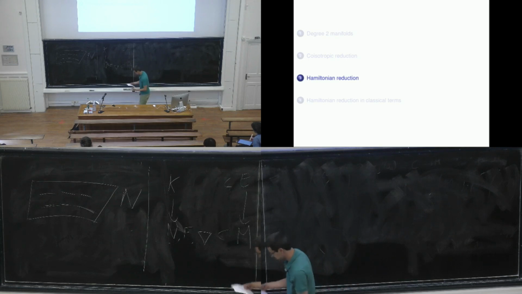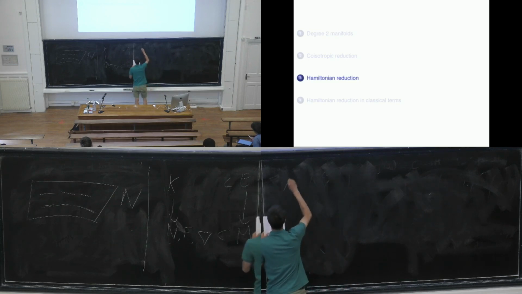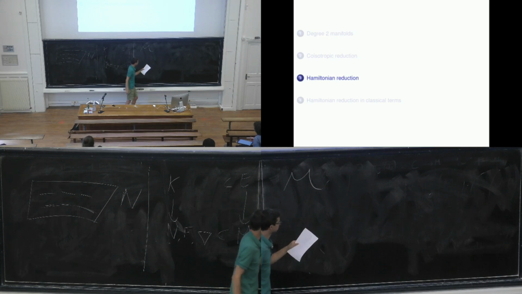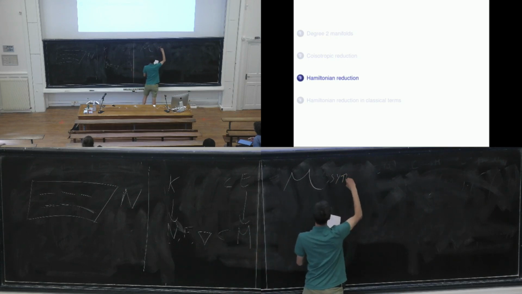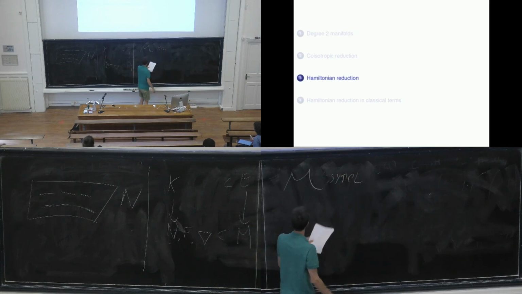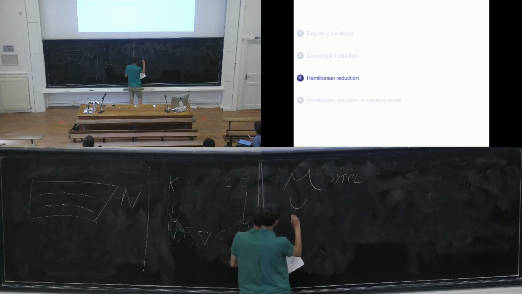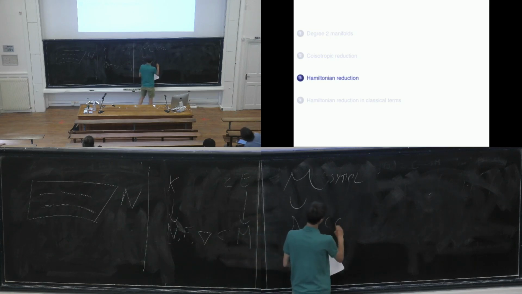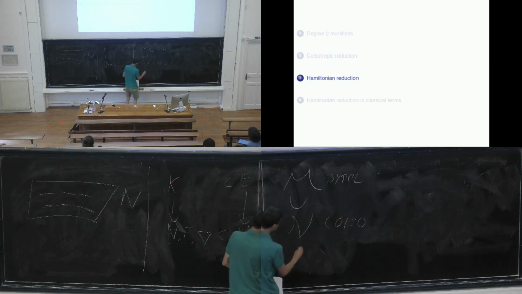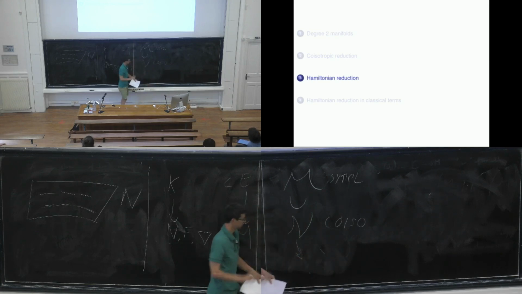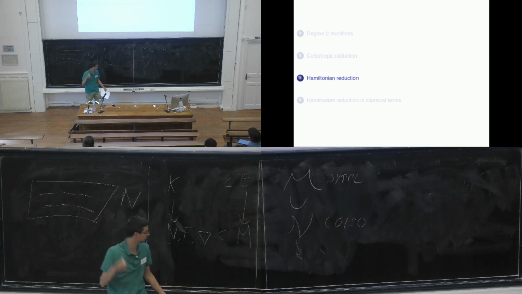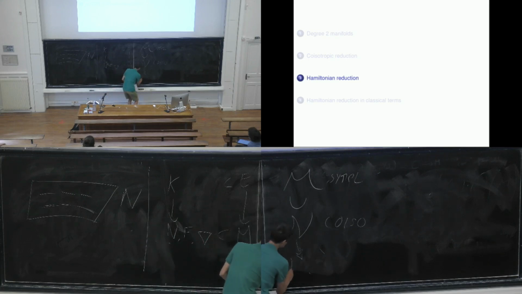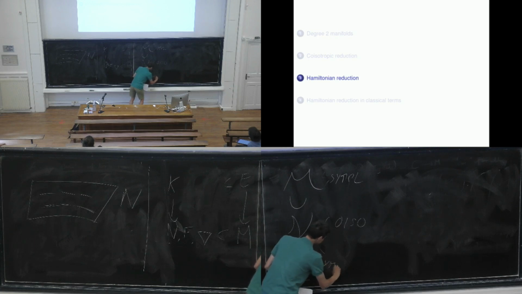This is just a very quick summary. This is the graded geometric side. Let's take a symplectic degree 2 manifold M. Inside it, we take a coisotropic submanifold N. And if you're lucky, you can take a quotient of it, which is again a symplectic degree 2 manifold.